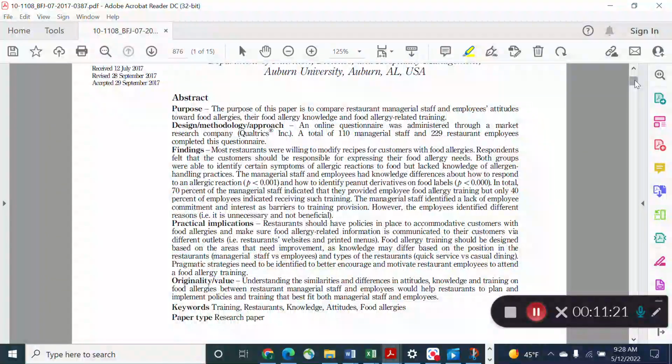So size isn't as important as the representativeness of your sample. So just a few thoughts on sampling there.